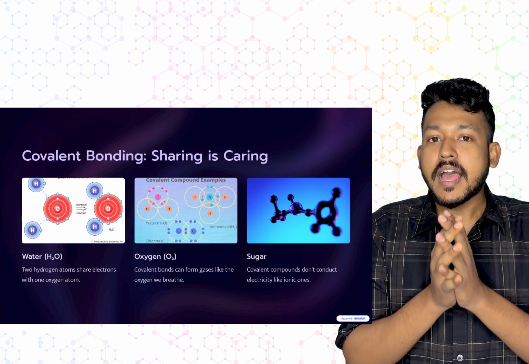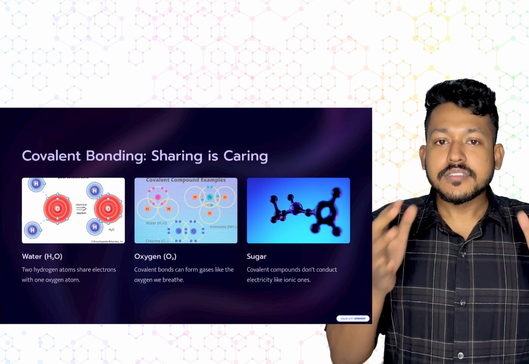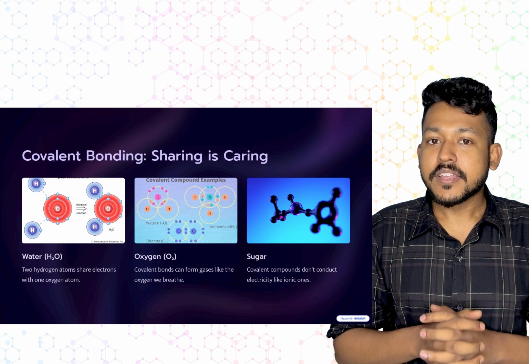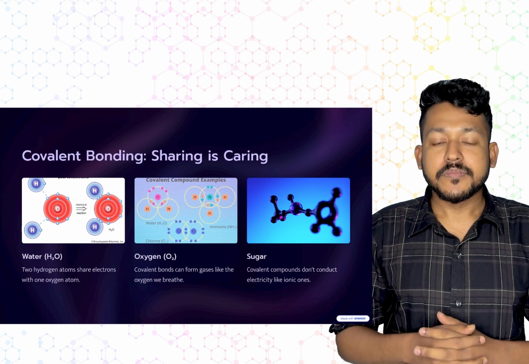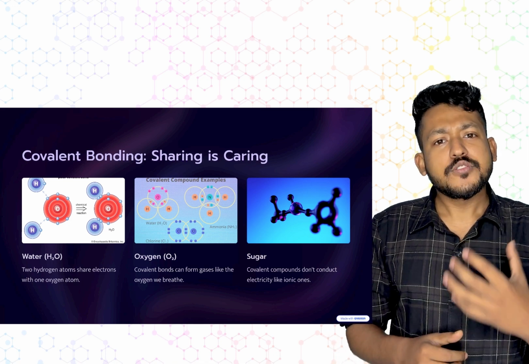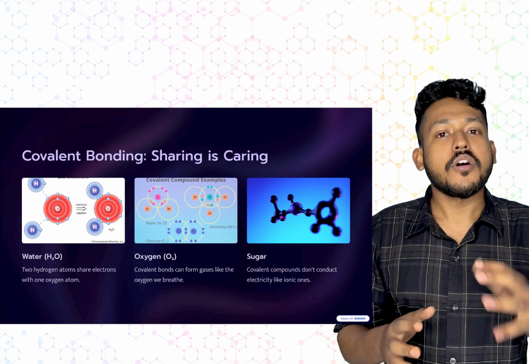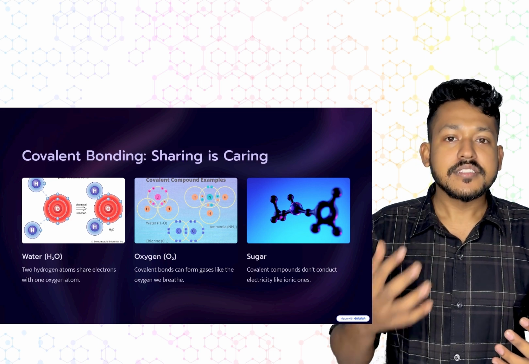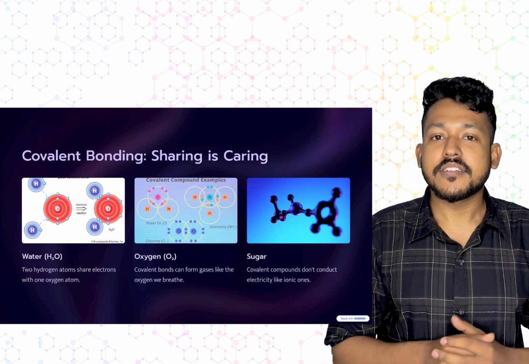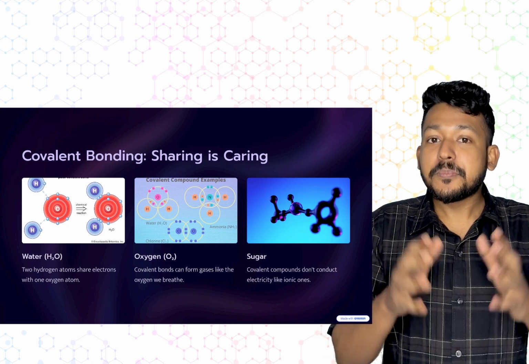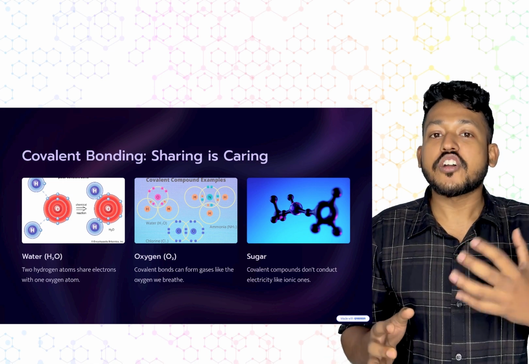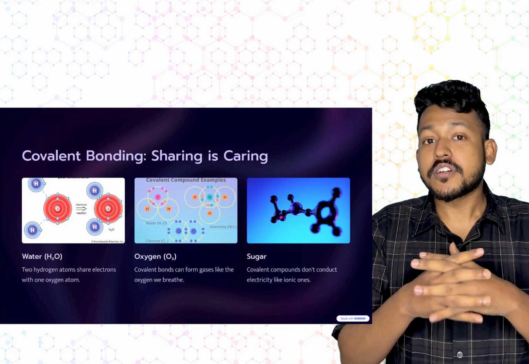Each hydrogen has one electron and oxygen has 6 in its outer shell, needing two more to be stable. So, each hydrogen shares its electron with oxygen, and oxygen shares one electron back with each hydrogen. This sharing creates pairs of electrons that hold the atoms together, forming one water molecule.